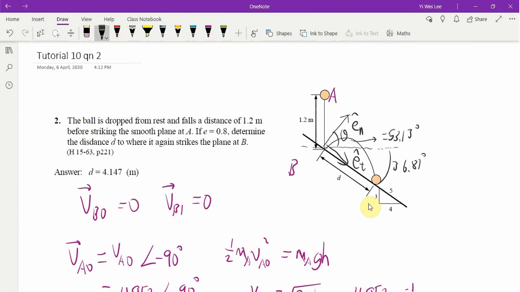Now, how do I get this angle? Well, it's purely based on a geometric method, so I'm going to leave it to you to find out how to find this direction.